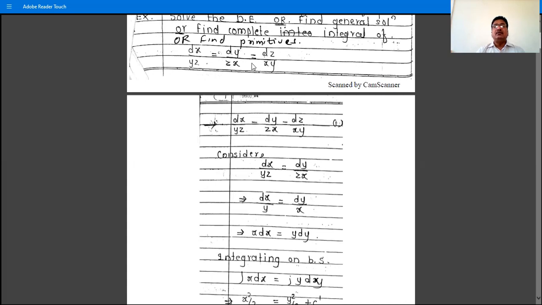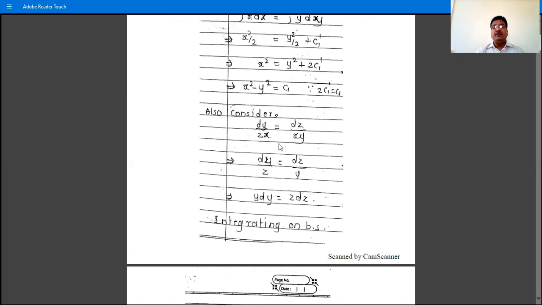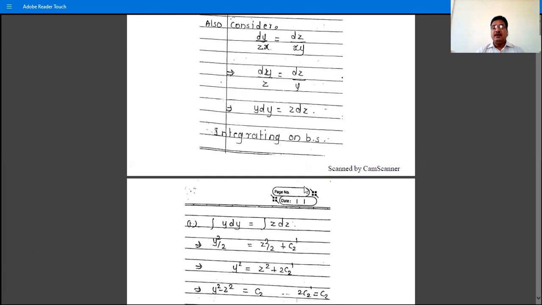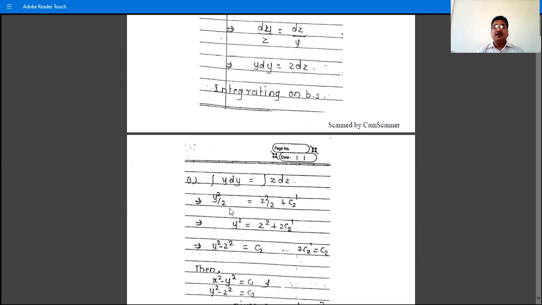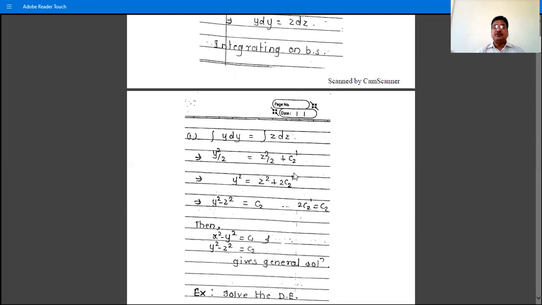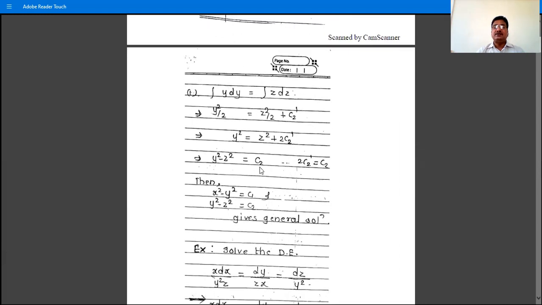So x gets cancelled, and then we have dy by z and dz by y. One variable is absent now, and then separate the variables. We have y dy is equal to z dz, and then integrating, the integration of y is y square by 2, of z is z square by 2, and add the constant of integration c2 dash, and then multiplying by 2, suppose c2 dash becomes c2.